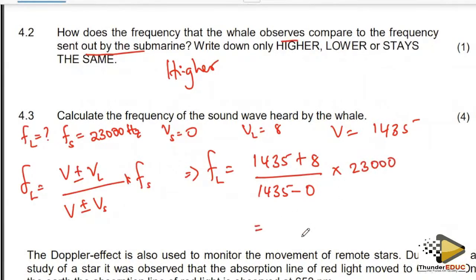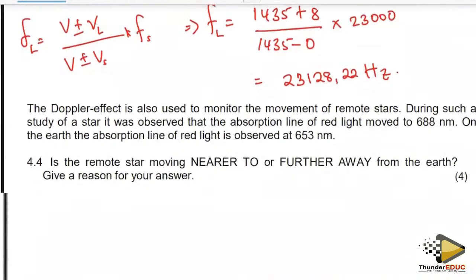All right, do the substitution, punch that into the calculator. 1435 plus 8 over 1435, and then I'm multiplying that by 23,000. That is giving me 23128.22 hertz. So that becomes the frequency of the listener.